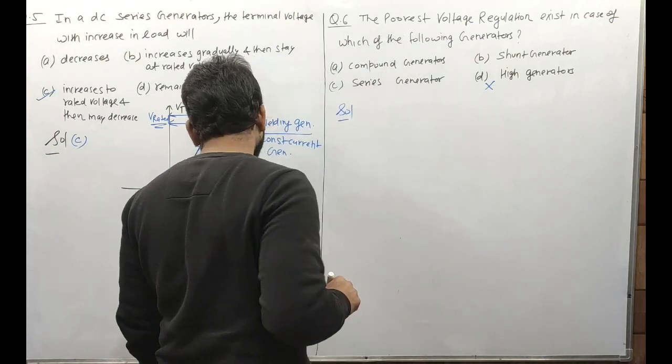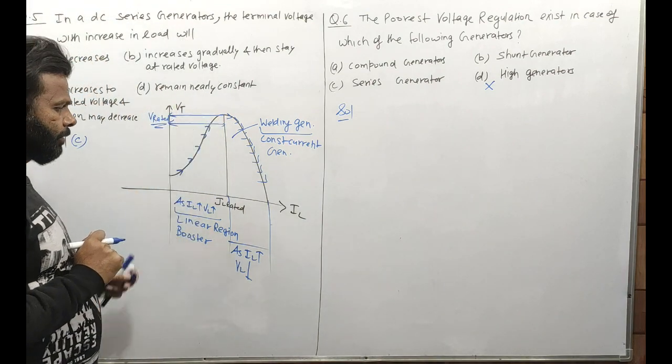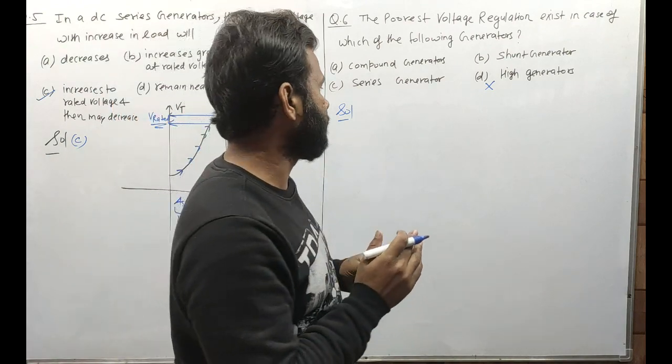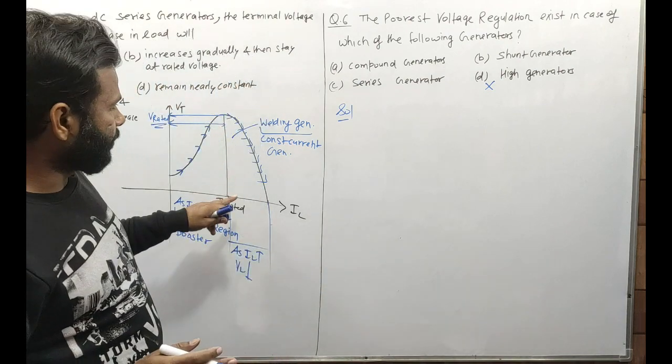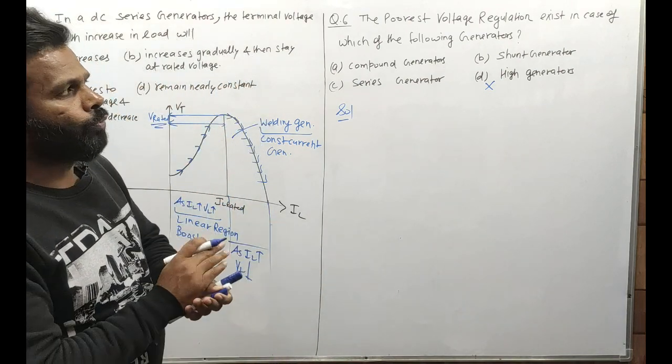Now in case of your DC series generator, for a certain range, your terminal voltage increases, and for some certain region, that is when load is greater than the rated value, this terminal voltage decreases.